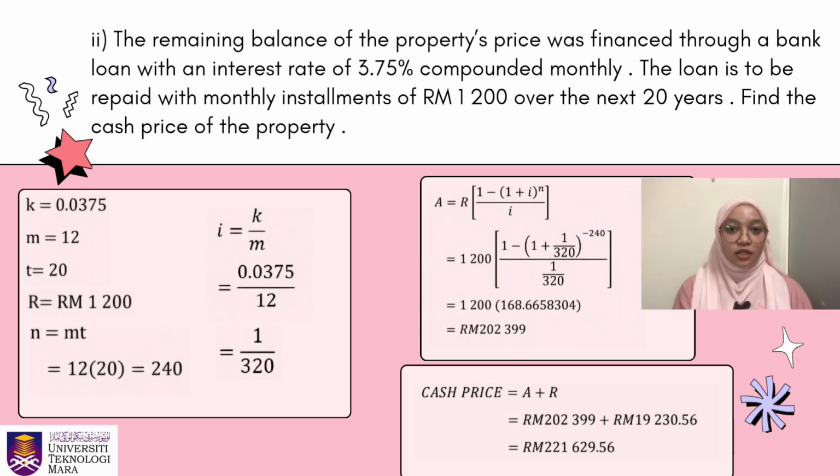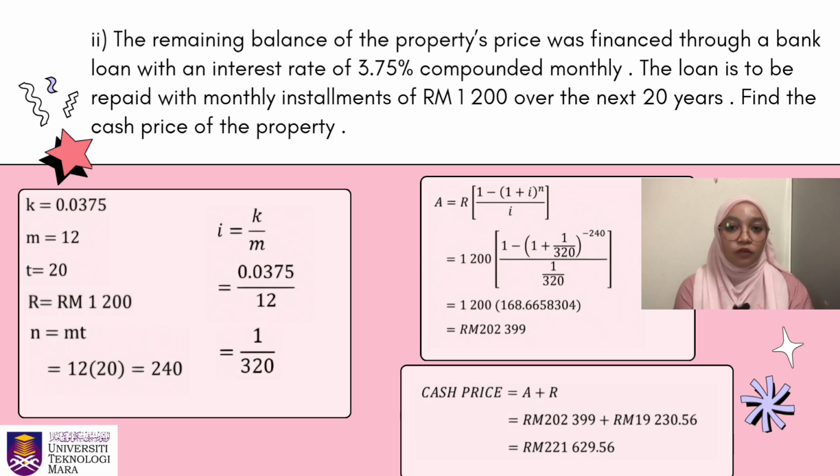Also, we substitute the value of n using the formula n equals mt, and we got the answer of n is 240. The next thing to do is we substitute the information into the formula of present value, which is A equals R times (1 minus (1 plus i) to the power of n) over i.